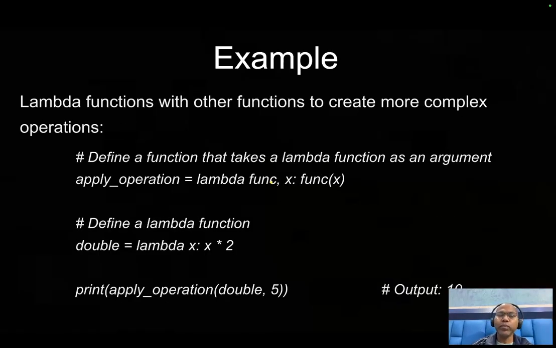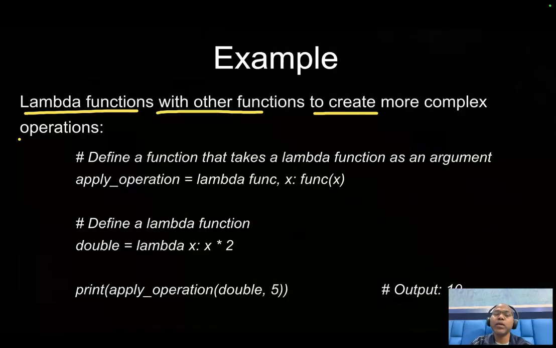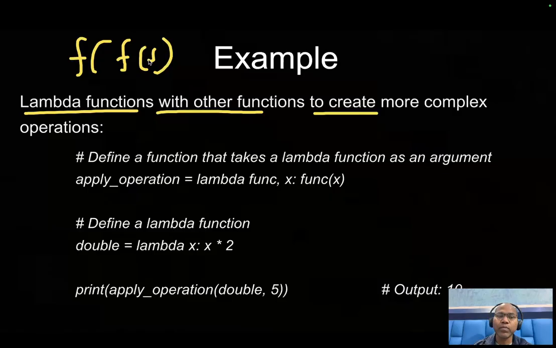Okay. Now one of the more complex things: sometimes we use a lambda function with another function to create a more complex operation. Let us say we have this lambda function that also takes another lambda function as input, and that might also take another lambda function.